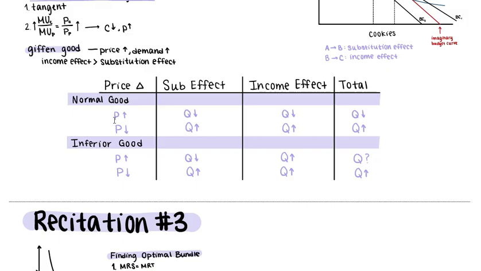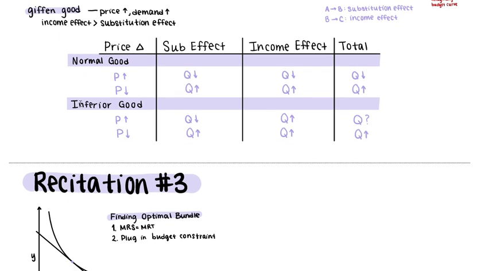If it's a normal good and the price increases, the substitution effect is always opposite to the price direction. So price increases, the quantity decreases, because it's more expensive, you want to pay less of it. The income effect also pays less. The total decreases, and it's the same when the price decreases.